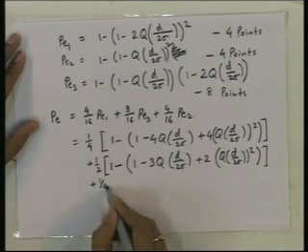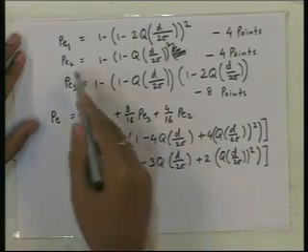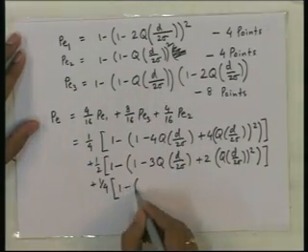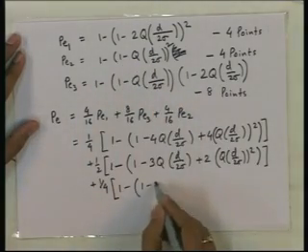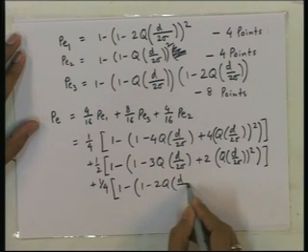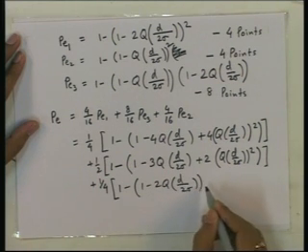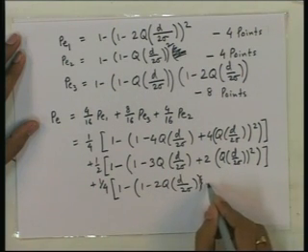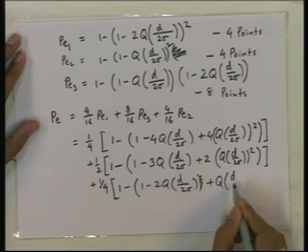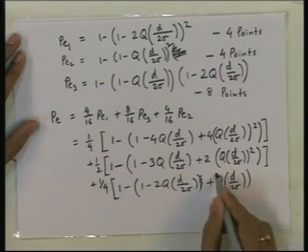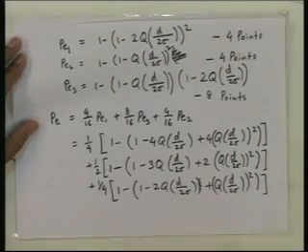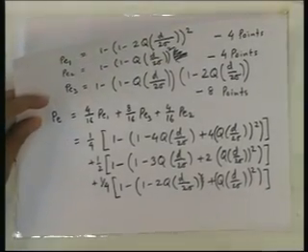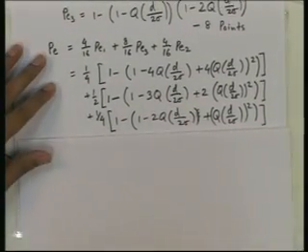Plus 1/4 times Pe2, that is 1 minus, let us again expand this square, we get 1 minus 2 Q(d by 2 sigma) and plus Q(d by 2 sigma) square. So, this can be simplified.